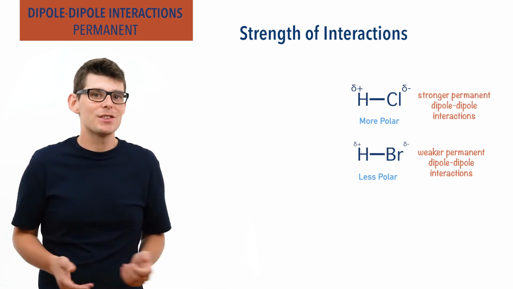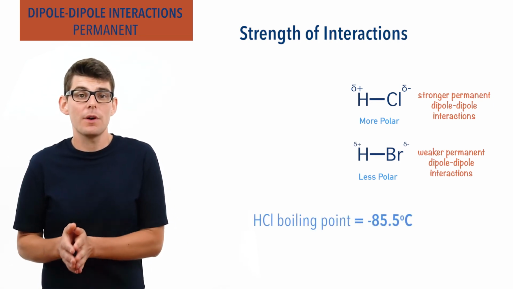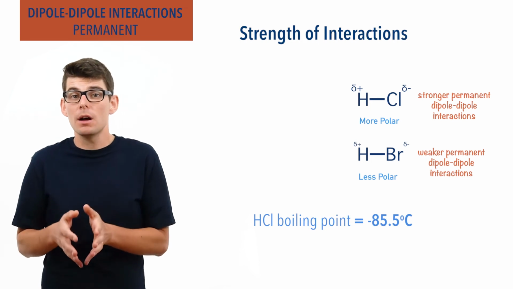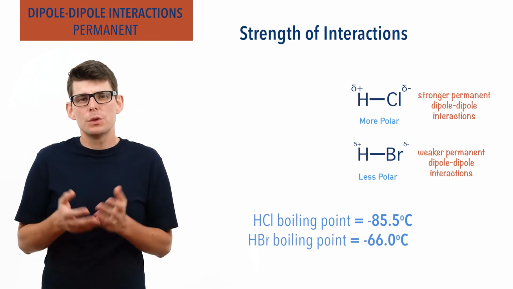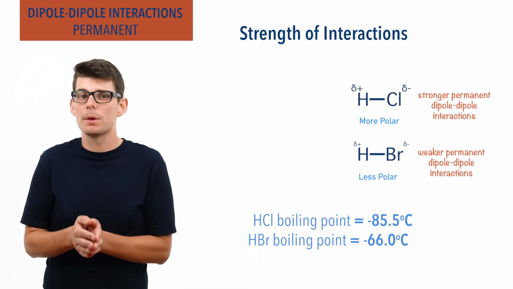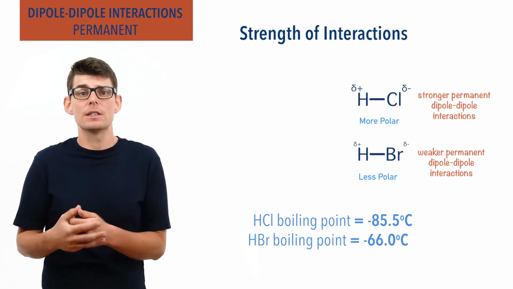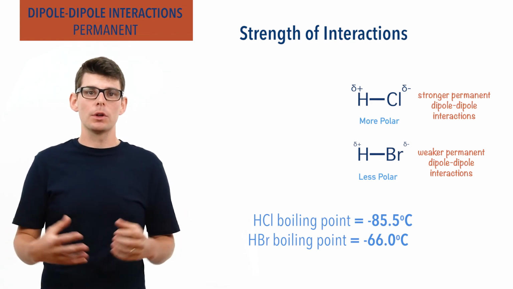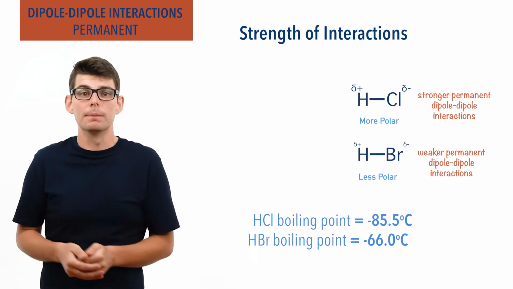This isn't the case though. HCl has a boiling point of minus 85.5 degrees Celsius and HBr has a boiling point of minus 66 degrees Celsius. To explain this, we also have to consider the temporary induced dipole-dipole forces between the molecules. For these intermolecular forces, the bigger the molecules, the stronger the temporary dipoles and the stronger the attraction between them.